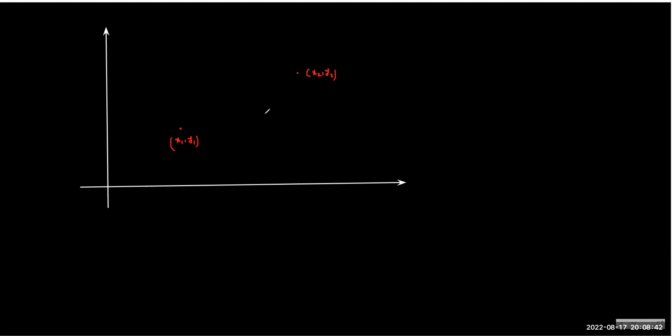So from geometry, from 2 points, how many lines can pass?